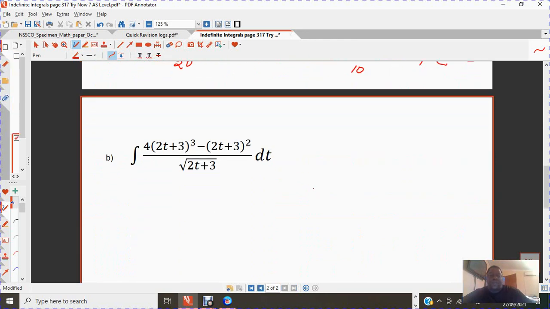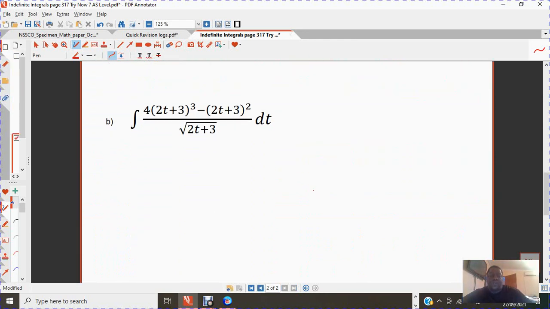Alright, so we have a similar one here. You can pause the video, you can also try it. Okay, right, so what we have here is I'm going to take out the 4. So I have got 2t plus 3, and it's raised to the power of 3.